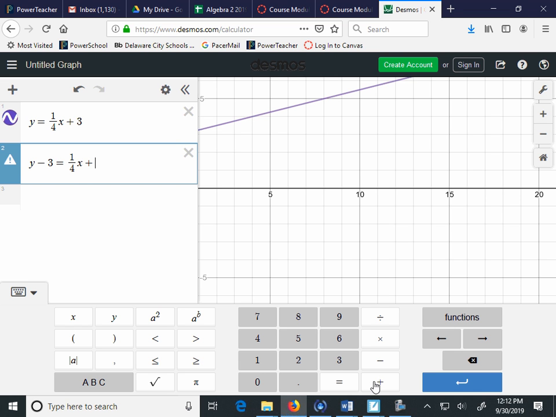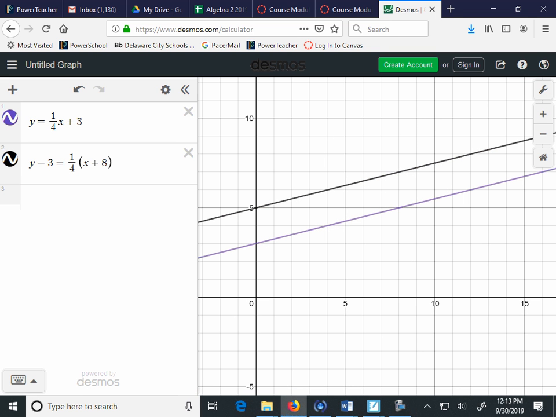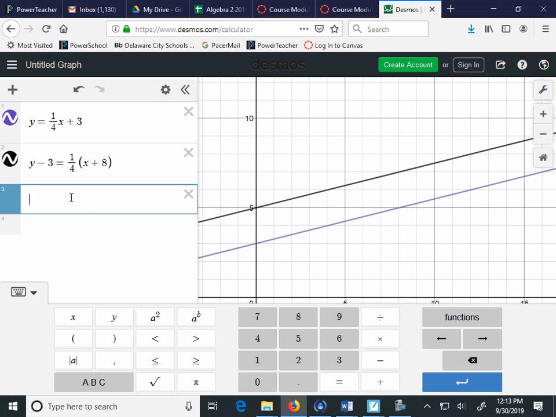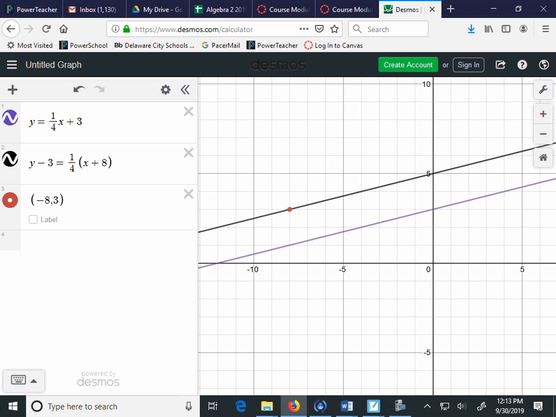Oh, that's fine. Okay? Well, I know they're parallel because they're not going to touch, but it had to pass through the point negative 8, 3. And go to negative 8, 3, it passes through that point.